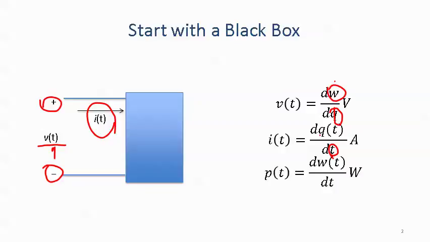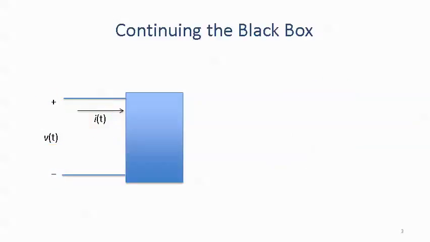Power is the product of the voltage times the current. So as we look at the power, we've got dW/dt. Now let's look at that a little further.